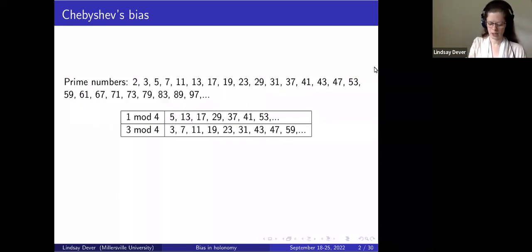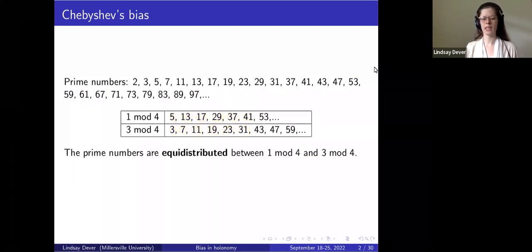Okay, so if we keep track of how many primes are in each category, we have 3 and then 5, 7, 11, 13, 17, 19. And we can notice that there's roughly the same number of primes in each category.